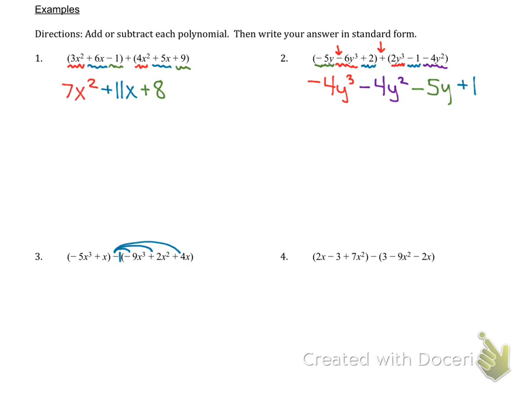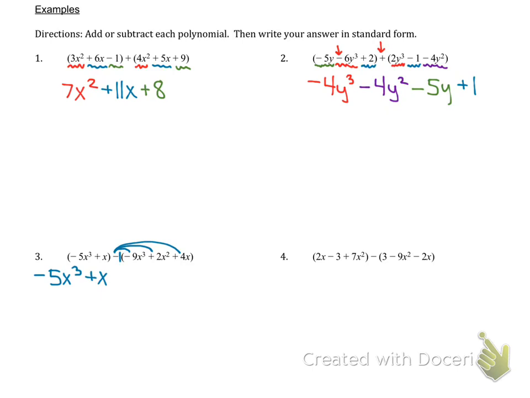So first I'm going to rewrite my expression in the left set of parentheses. So I have negative 5x cubed plus x. Now I'm going to distribute that negative 1. Then I won't have to worry about that subtraction sign, and I can just combine like terms like I did for the addition.